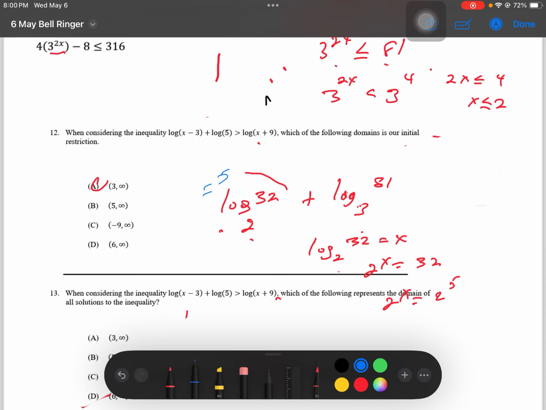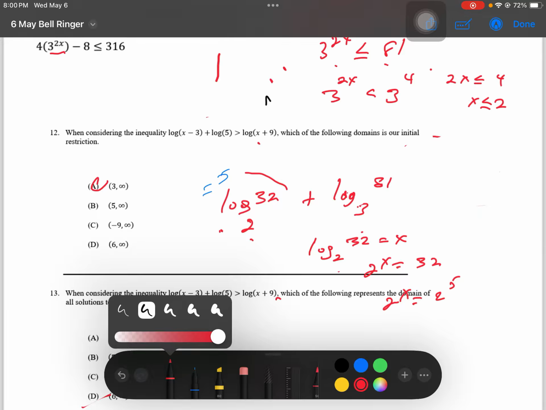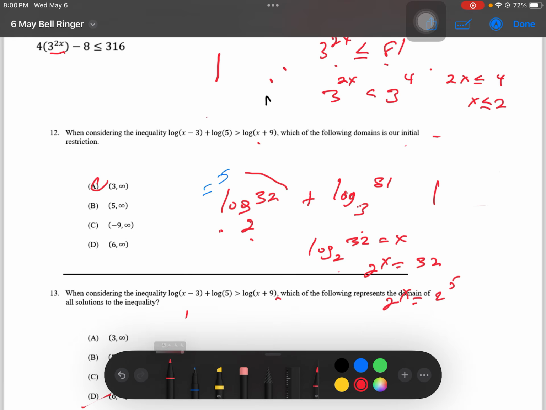Good. The next one now, same concept, guys. It's going to have log base 3 of 81 is equal to x. And what is that equal to now? Again, some of you guys can see the answer already. 3 to the x is equal to 81. Right, 81 is a power of 3.